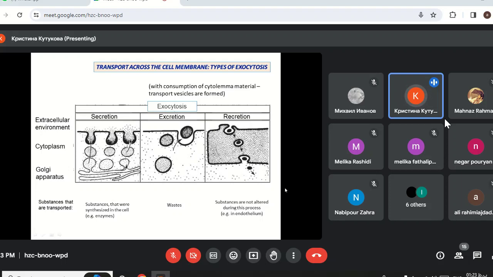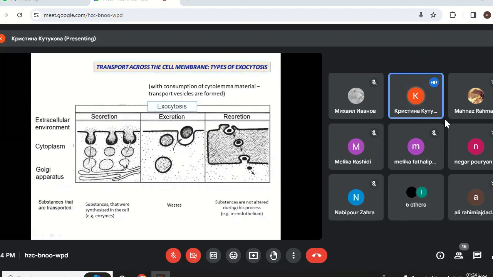Recretion is when substances are not altered, not changed during the process of their transportation from one side of the cell through its cytoplasm to other side. So in this case the molecules just go through the cytoplasm of the cell with no change. This is for example for endothelial cell.